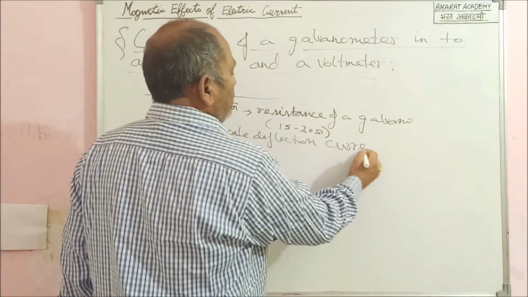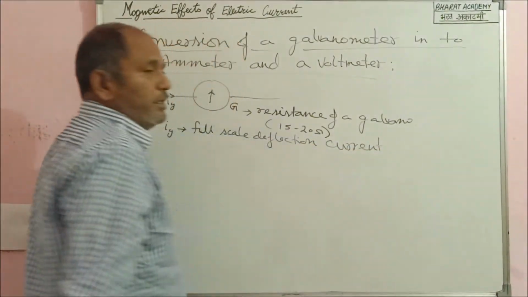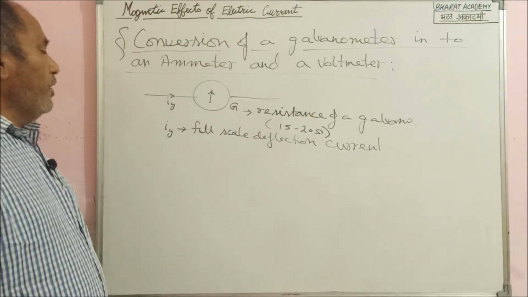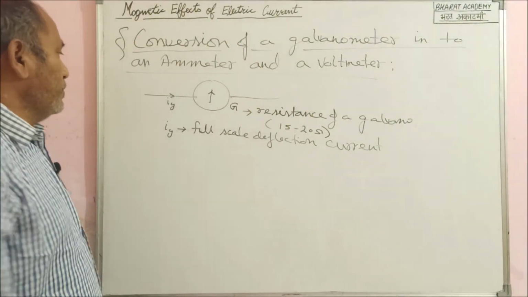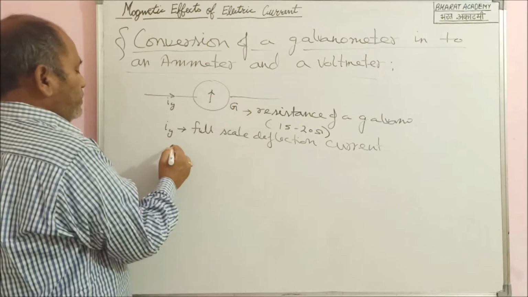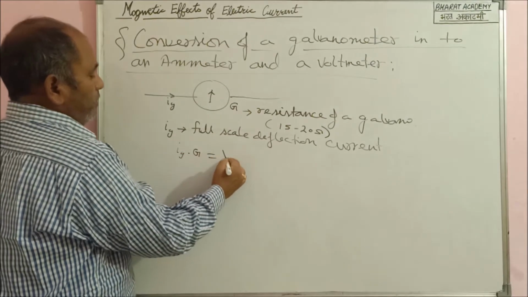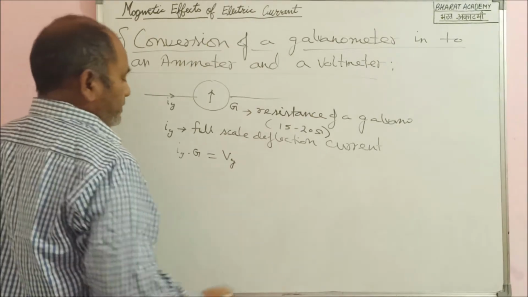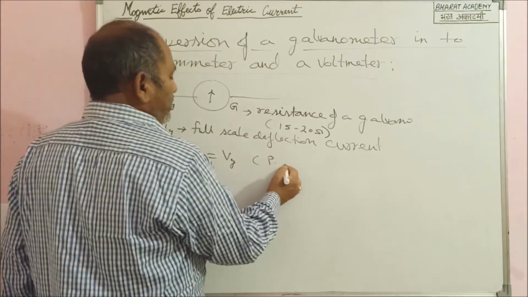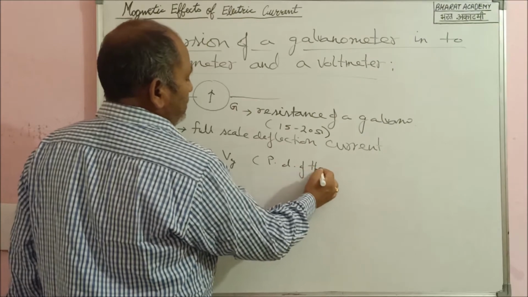Means for that value, the galvano pointer will show a full deflection on the meter. So this is the basic of this one. If I ask how much is the PD, IG into G will give you a very small value, VG, the PD of the galvano.